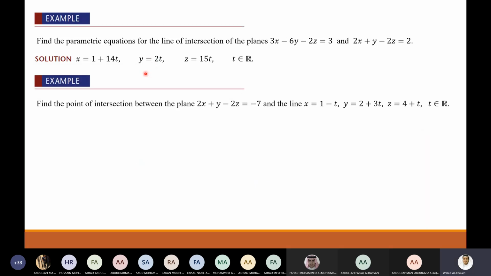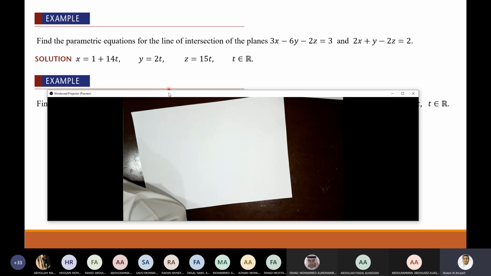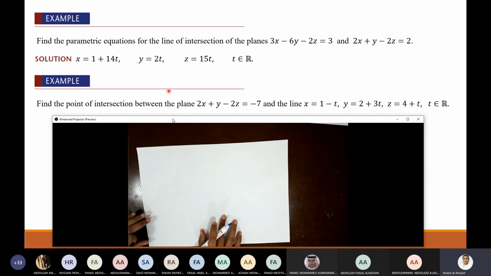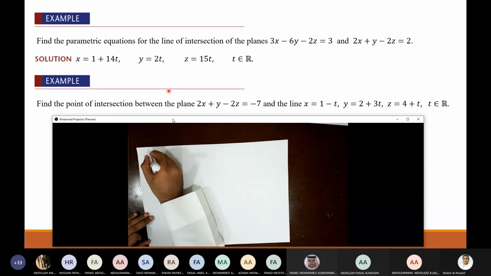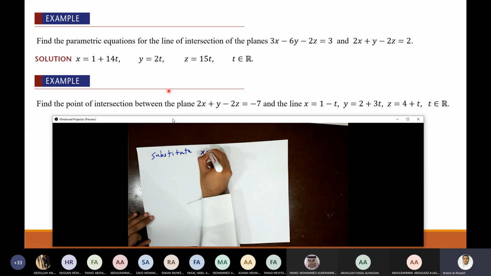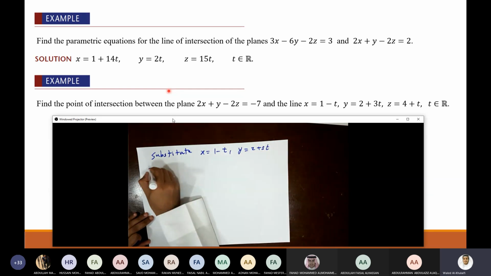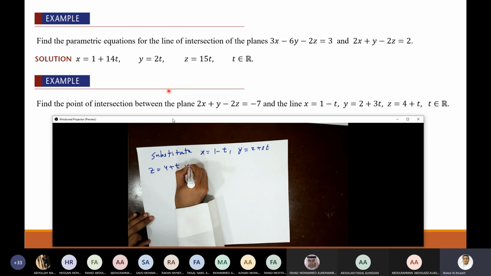Right. Find the point of intersection between a plane and a line. You are given a line and we find the intersection point between the line and the plane. What should I do? The simplest way to do it is to substitute x equals 1 minus t, y equals 2 plus 3t, z equals 4 plus t in the plane.